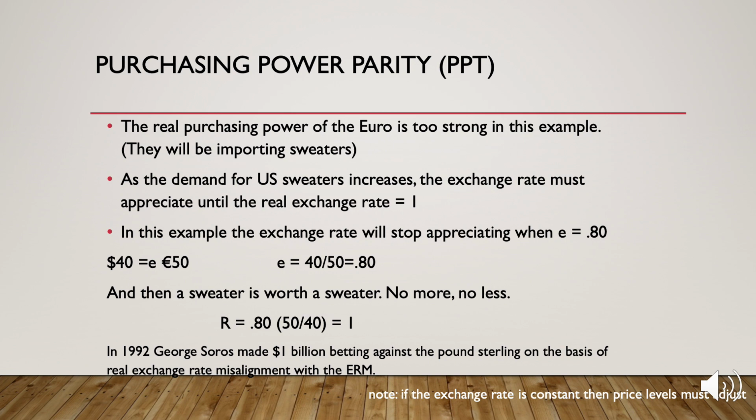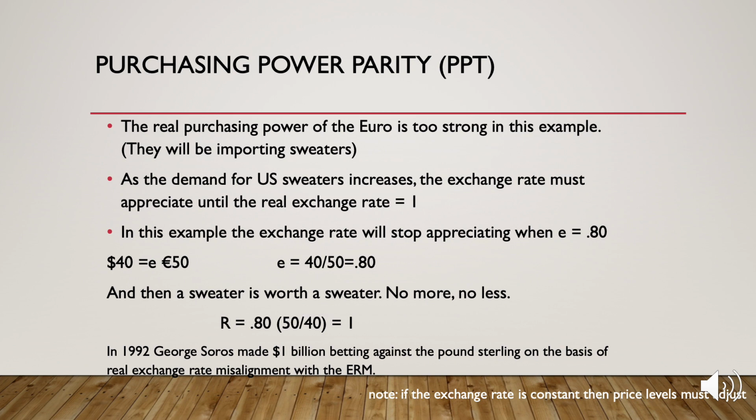In this example, the exchange rate will stop appreciating when the real exchange rate is equal to 1. And a simple calculation allows us to determine what that nominal exchange rate must be. It is 0.80. So 0.80 would be the exchange rate that would allow our real exchange rate to be equal to 1. It is the equilibrium value of the exchange rate in this example.